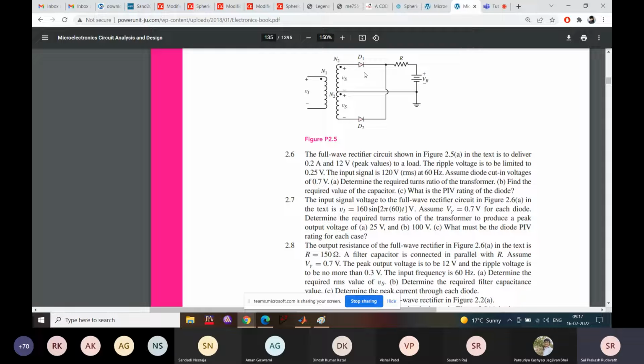Have you understood what the peak voltage is? Why are we taking peak? What is meant by peak voltage? Sir, maximum output voltage, right? Then it's fine. We are taking the maximum output.